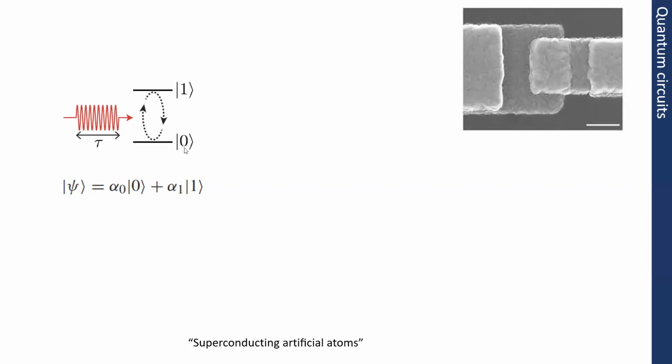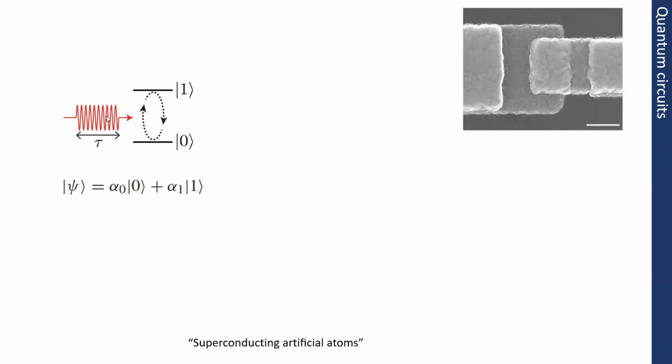So it flips the state from 0 to 1. And this is the realization of the X gate, right? The X gate, in this case, is just the application of a pulse with some particular duration. If I apply a pi over 2 pulse, it will lead my qubit into the perfect superposition of 0 and 1.